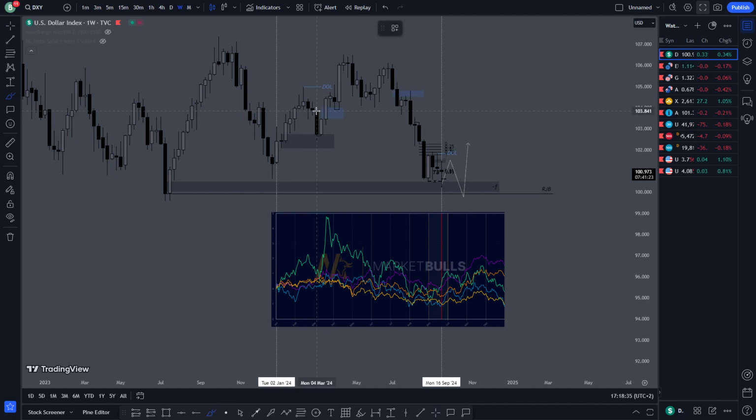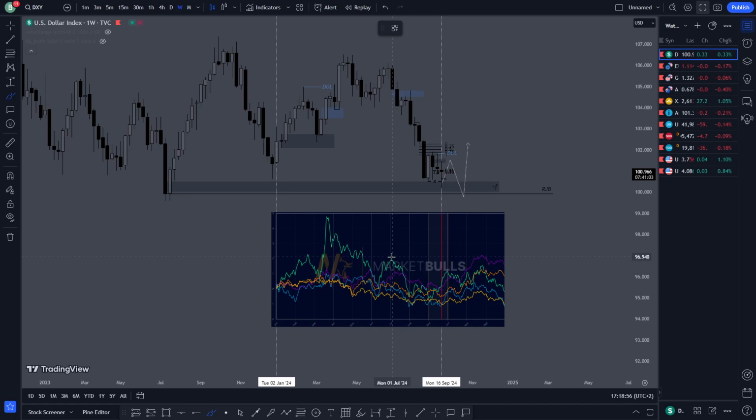So as you can see, we then expected a push to the downside with a range. And as you can see right here, we didn't get that push to the downside immediately, but later we got that choppy push to the downside.